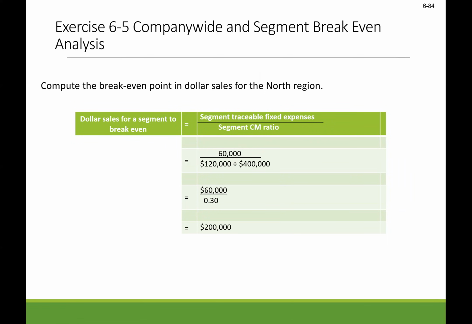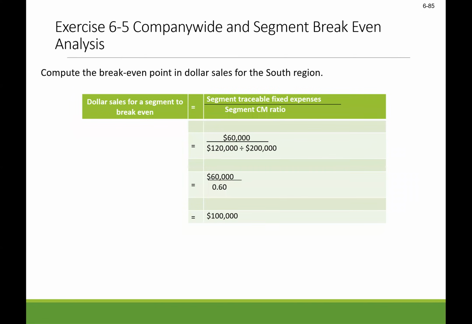For the North region, we take the fixed divided by the ratio. That would be 200,000. South, break-even is 100,000.